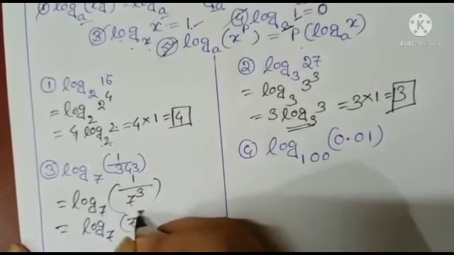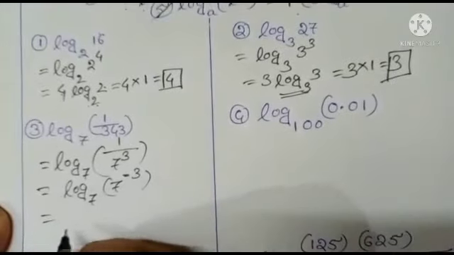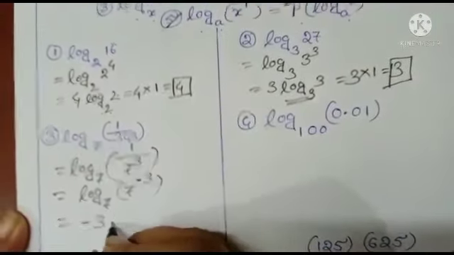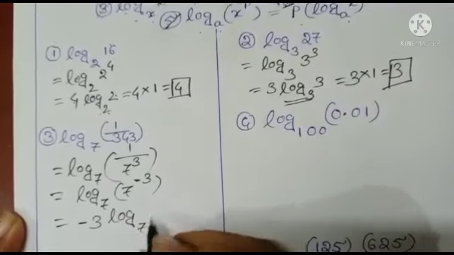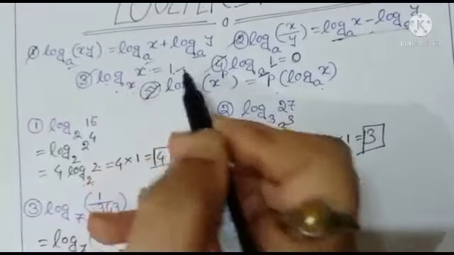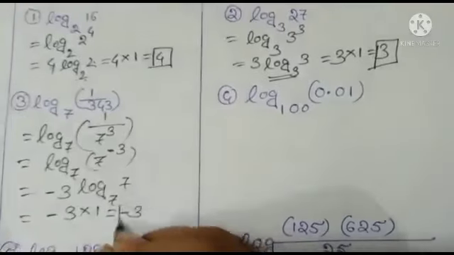It means 7 to the power minus 3. Minus 3 comes in front, using this formula log base a of x to the power p, p log base a x. So minus 3 log base 7 of 7. Log base 7 of 7 is 1 because log x of x is equal to 1. So minus 3 into 1 is equal to minus 3.